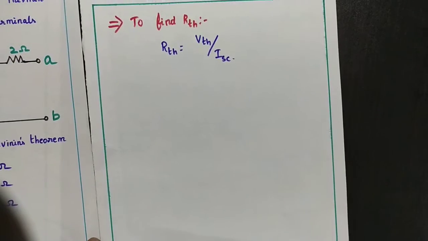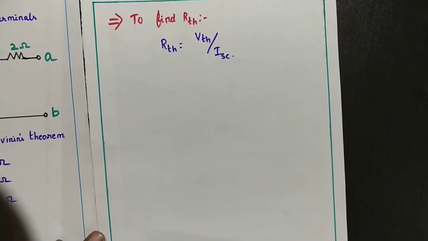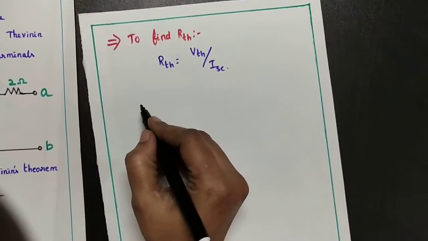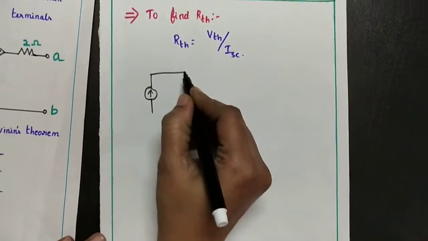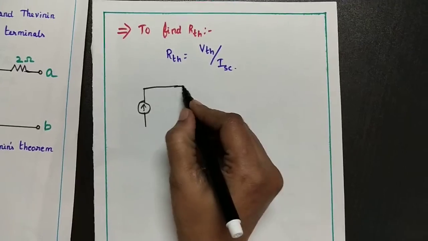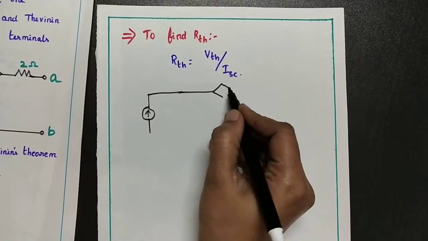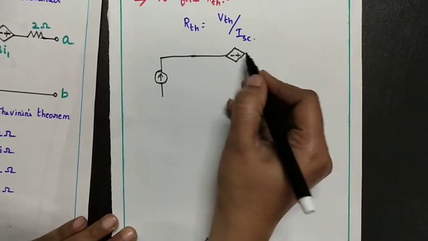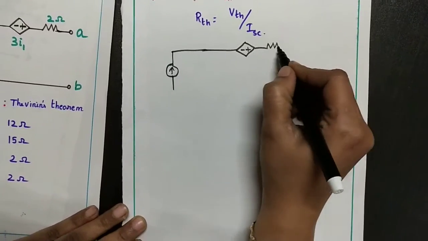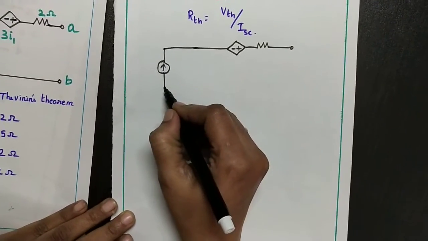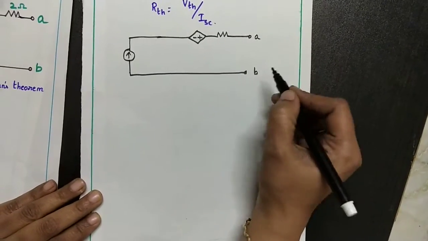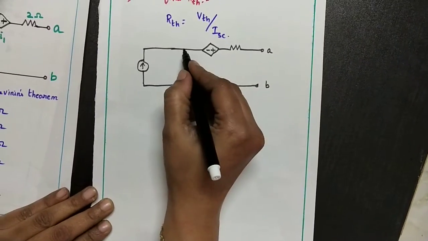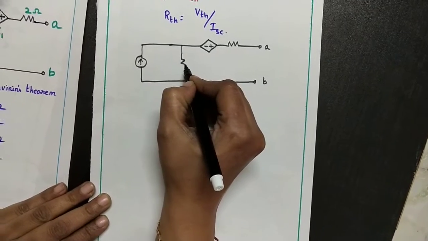So let me draw the circuit. This is a dependent voltage source in series with resistance. Here the terminals AB should be short circuited to find short circuit current.